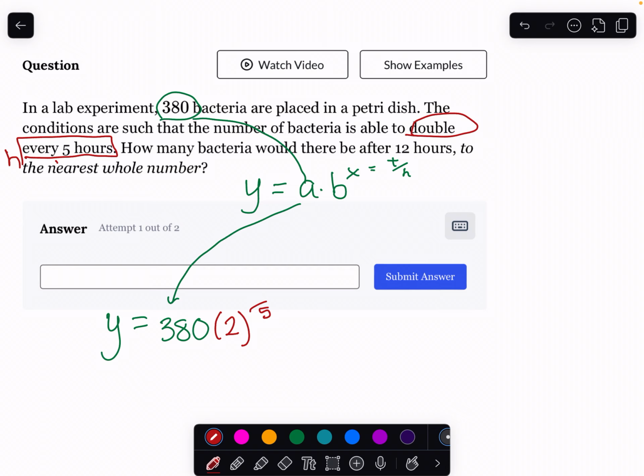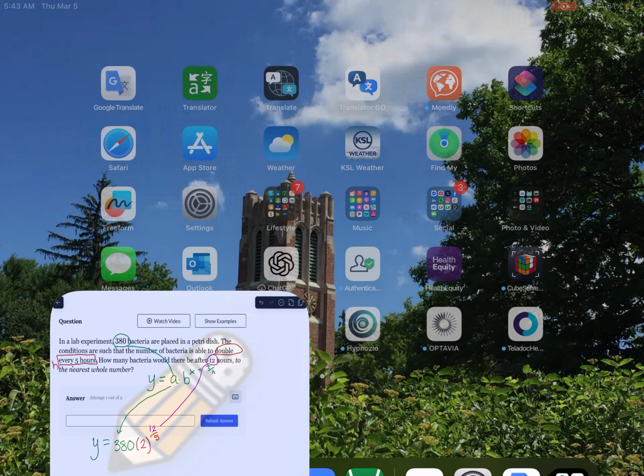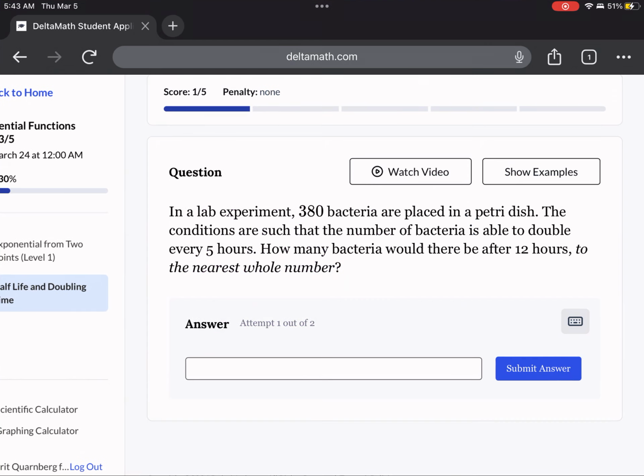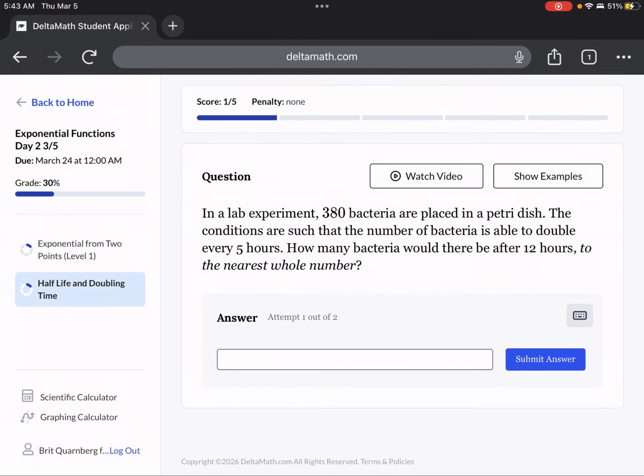And now it wants to know what it is after 12 hours, and the 12 is going to come right here. And this is what I will type into the calculator, which you can use the scientific calculator that's already built in, or you can use Desmos. It doesn't matter to me. I'm using Desmos because, oh, actually, I guess I could go into the actual problem. Okay. So scientific calculator.